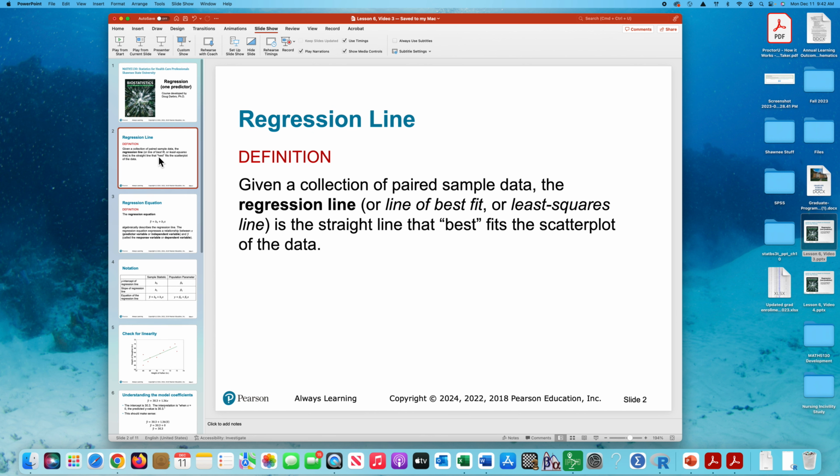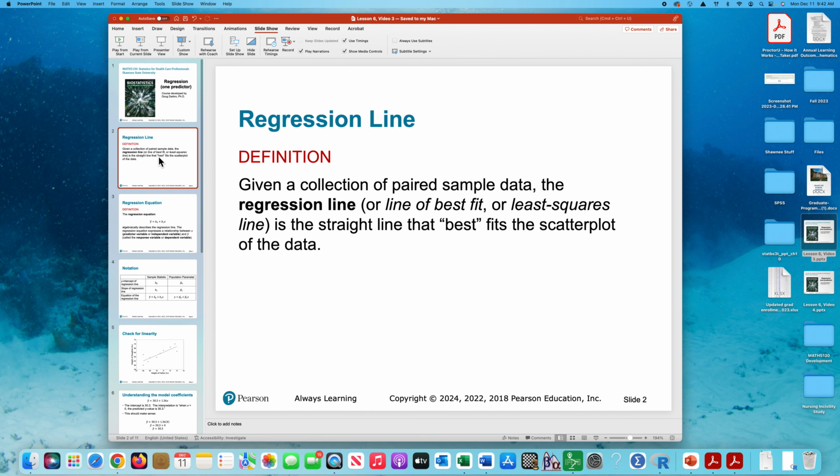We use that to make an estimate of our population intercept. b1 is our sample slope. We use it to make an estimate of our population slope. So this model is taken from a sample which is selected from our larger population, and we're using it to make an estimate of an unknown model for the entire population.